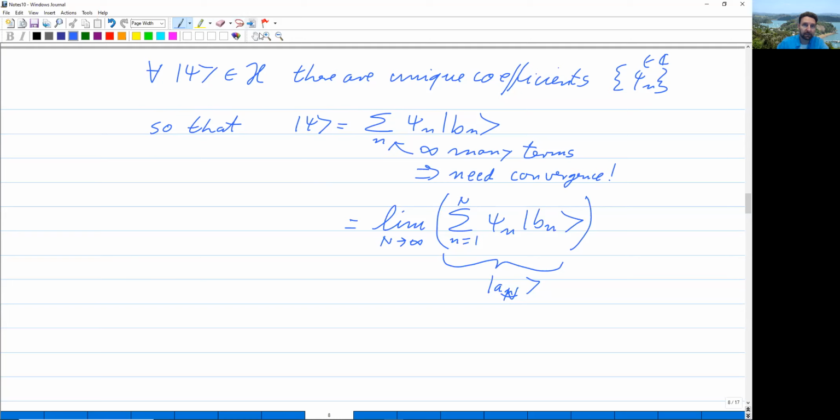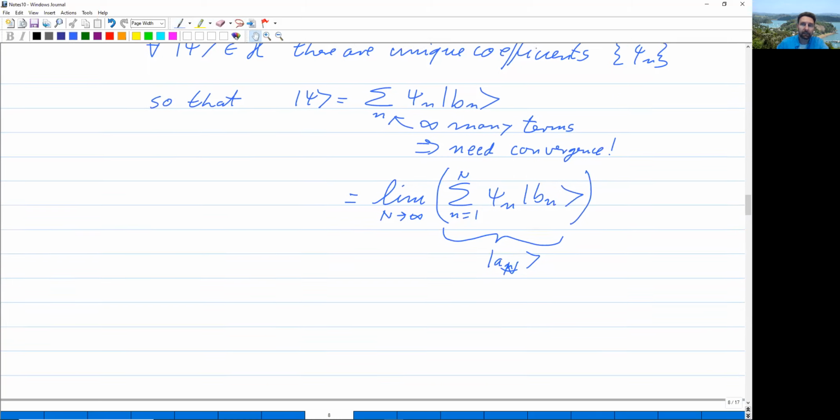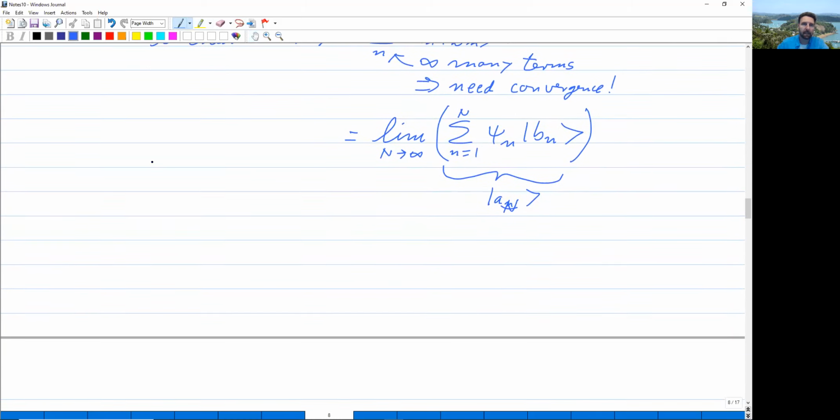Now, another definition about the nature of a Hilbert space. Namely, there are different kinds of Hilbert spaces. Definition.